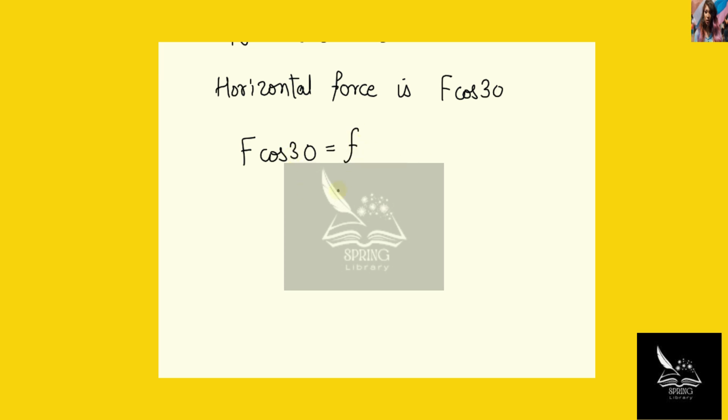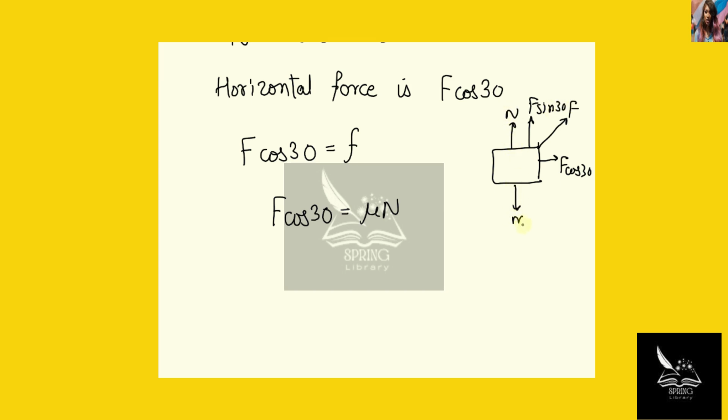If we draw the free body diagram, this is F, this component will be F cos 30, this component will be F sin 30. This is normal and this is mg, and then there will be a friction force over here.